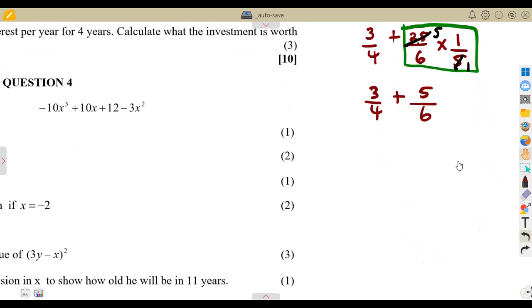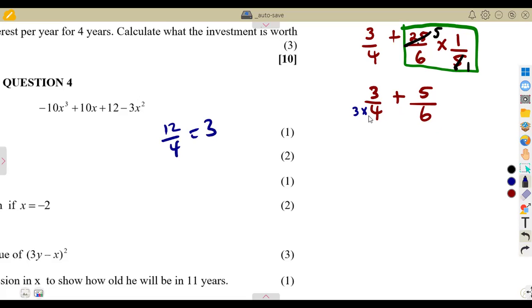To add these two fractions, I'm going to make the denominators the same. I just have to find the lowest common denominator between 4 and 6, which is, I can use a 12. So to get a 12, what am I supposed to do for this number here? I multiply by a 3. 12 divided by 4, that is a 3.